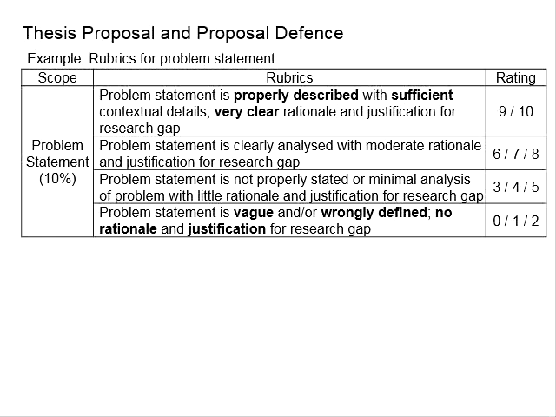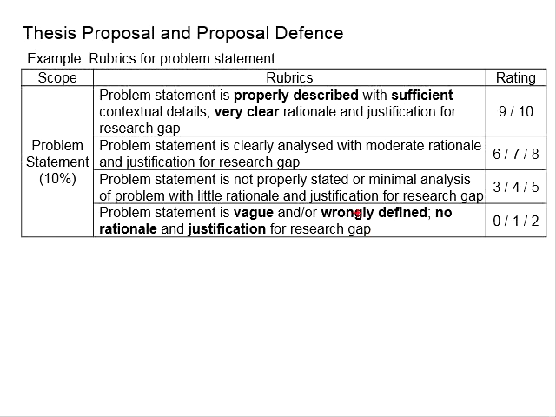The problem may be right, just not precisely stated, or there is some ambiguity in the problem statements, or there is no analysis for the problem. The problem was not really diagnosed properly, and you provide some rationales and justifications for the research gap, just that they are insufficient.